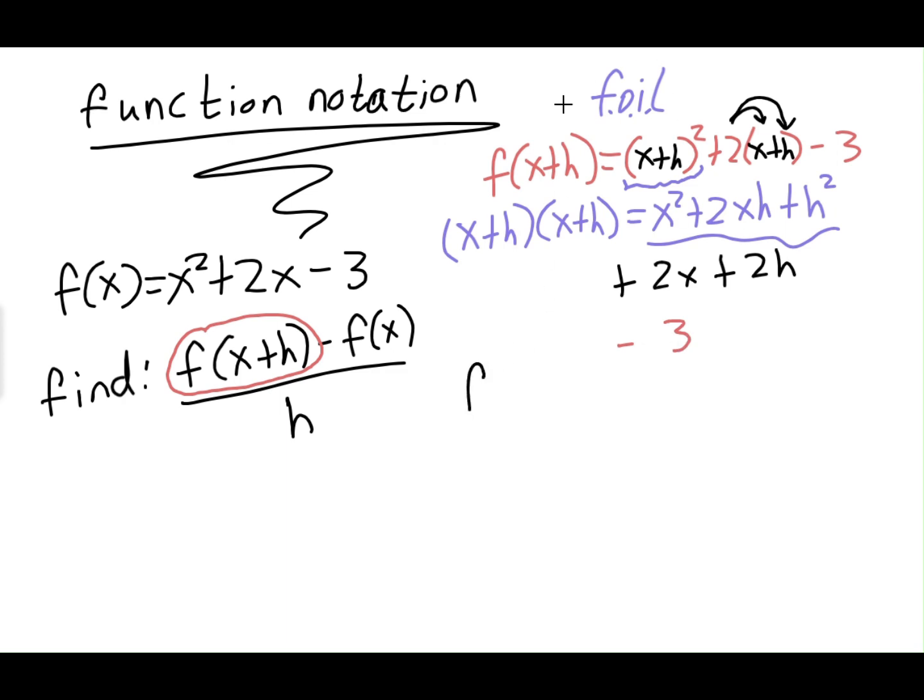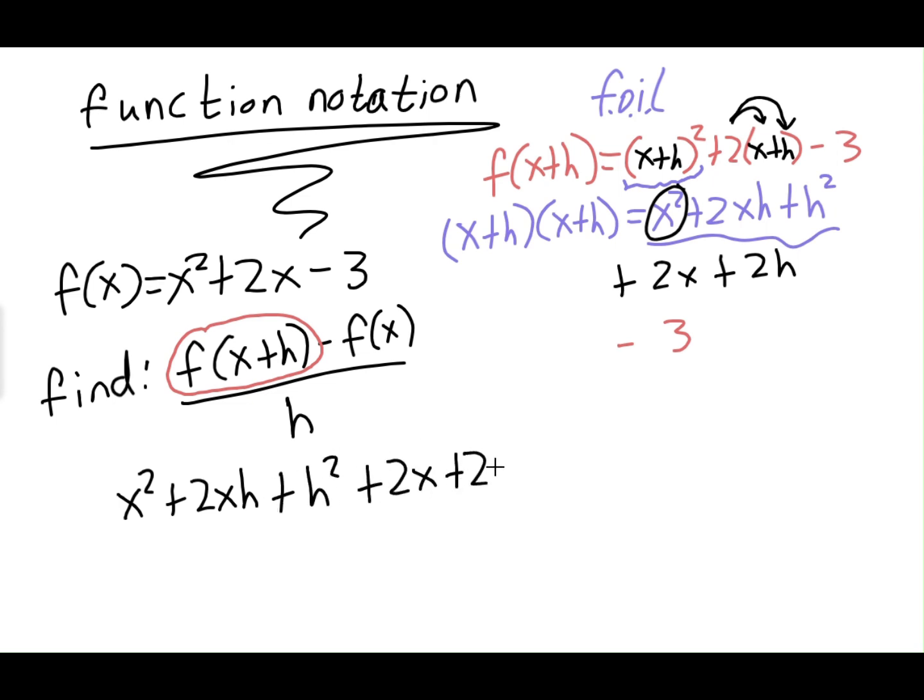So that means f of x plus h is going to be, if we combine like terms, an x squared, and then a 2xh, and an h squared, and a 2x, and a 2h, and a minus 3. I guess we didn't combine any like terms because there weren't any, but that's okay.